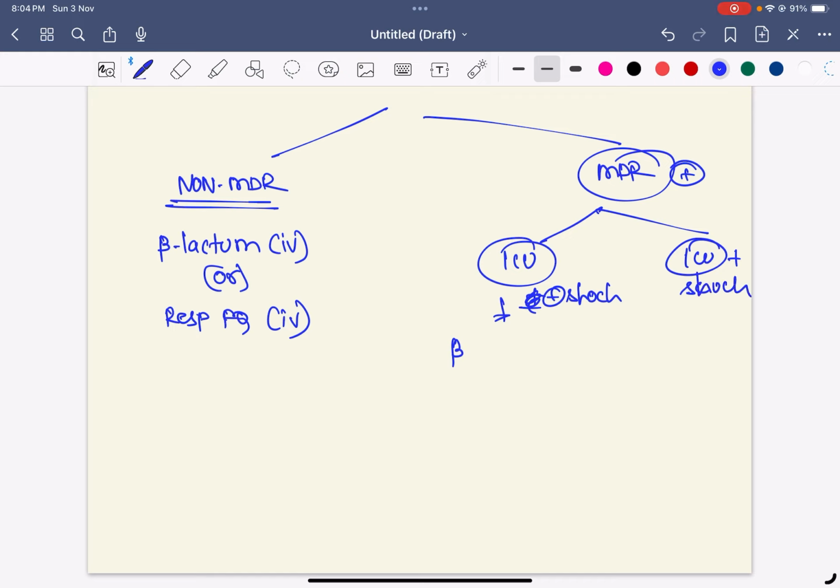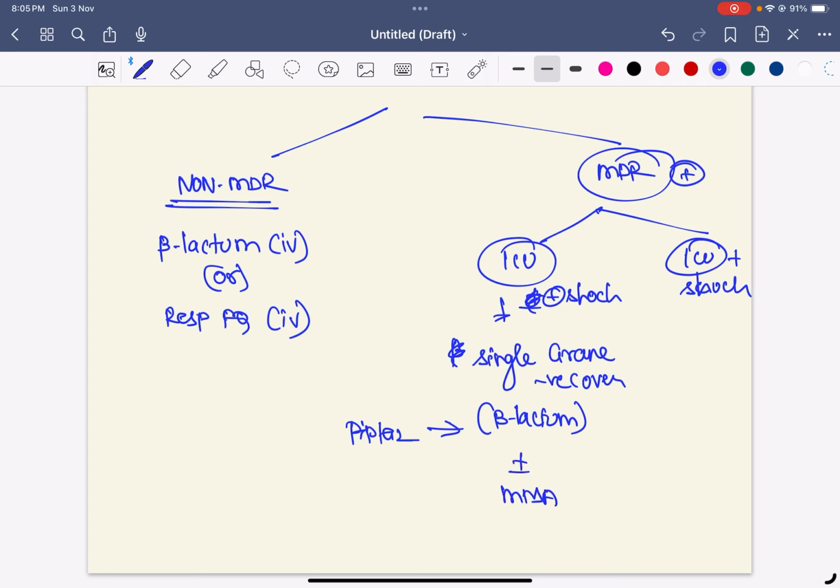If the patient is without shock, then give a single gram negative coverage. That can be a beta-lactam. Most preferred one is Peptaz here, with or without MRSA coverage, like linezolid or vancomycin, which can be added according to your suspicions.